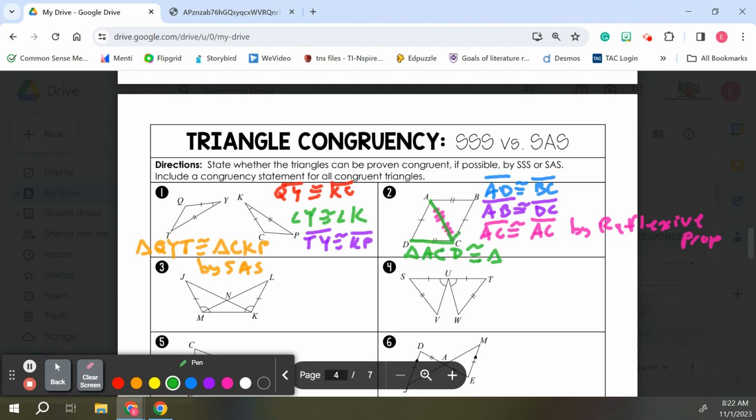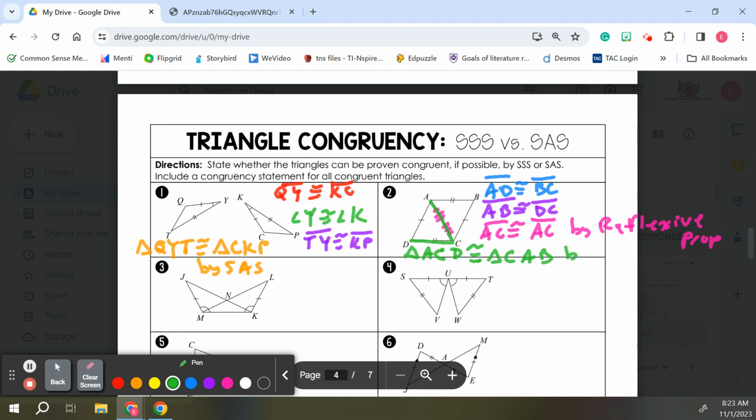Now I went down this way, okay? But I got to make sure the angles line up. So I'm going to start with C, and then I'm going to A, and then to B. So I covered this congruent side, this congruent side, and then that covers the other one by definition.